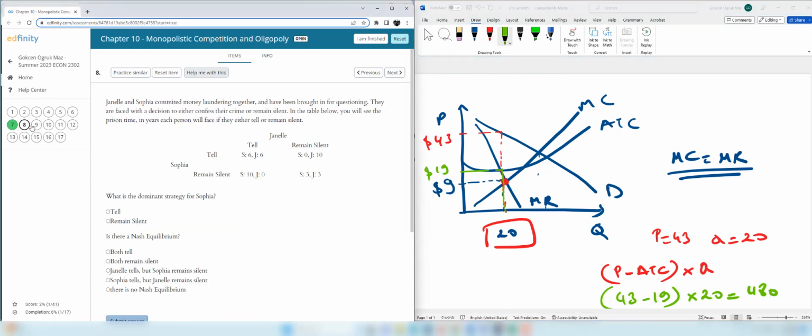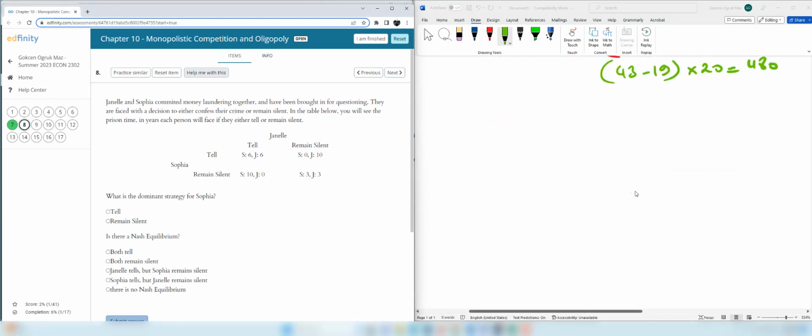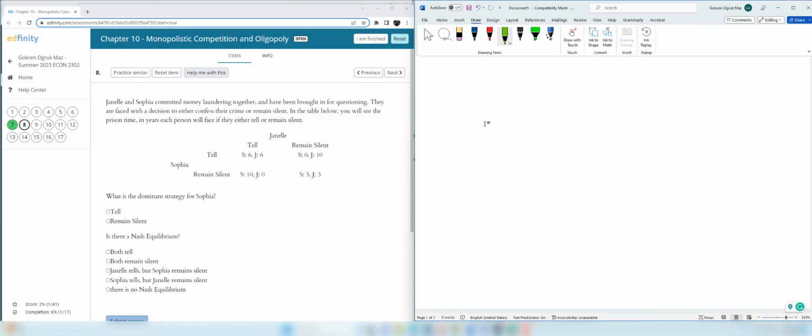And the next question I'm going to solve is number 8. Here in this question, you are given a payoff matrix and you need to find the dominant strategy and the Nash equilibrium for this game. Let's read the question first. Janelle and Sophia committed money laundering together and have been brought in for questioning. They are faced with a decision to either confess their crime or remain silent. In the table below, you will see the prison time in years each person will face if they either tell or remain silent.